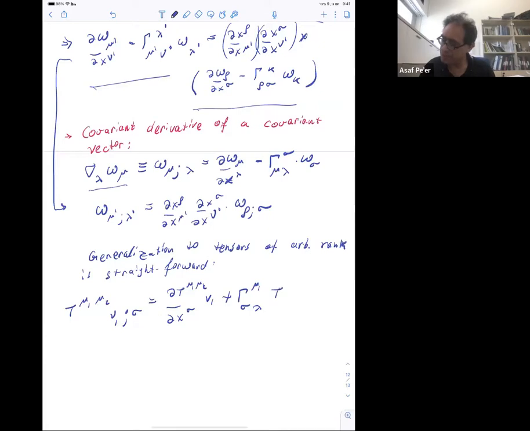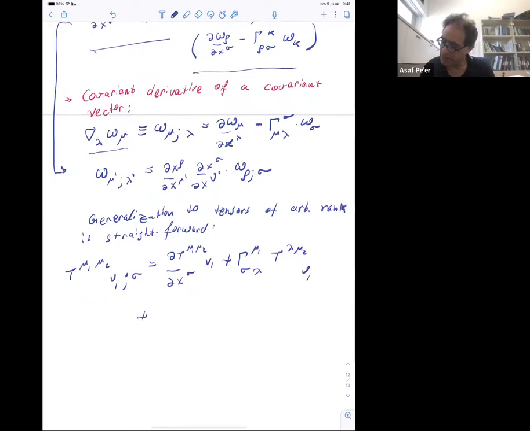Multiply by the tensor with the dummy index lambda, replacing the index that we were using for the gamma, right? And then mu2. Now we have to add another term for the second index, plus gamma mu2 sigma lambda T mu1 lambda.